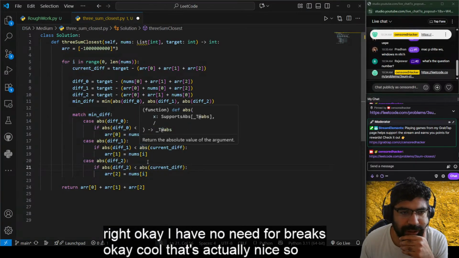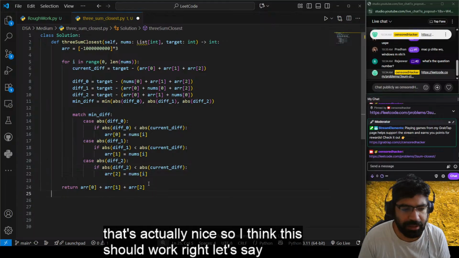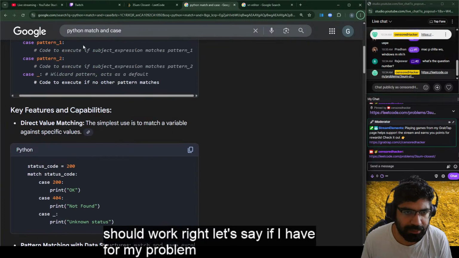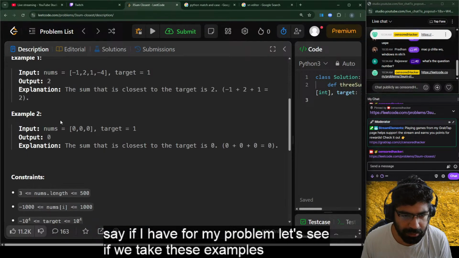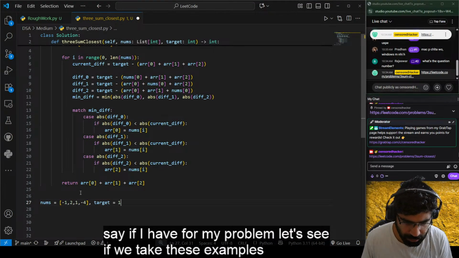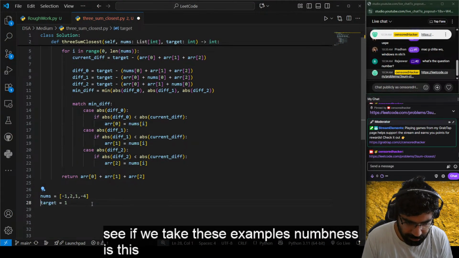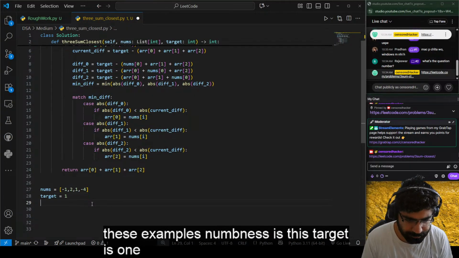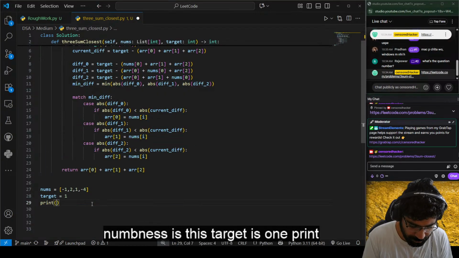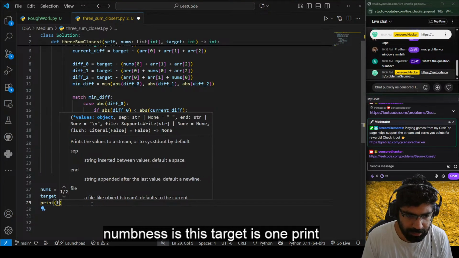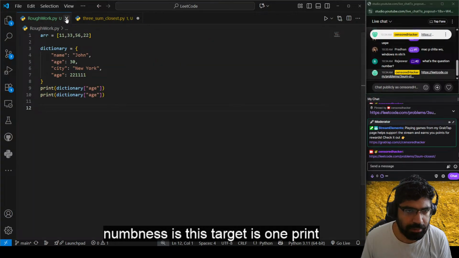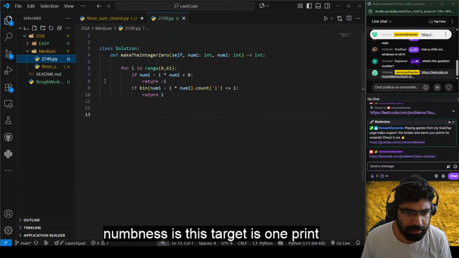So I think this should work, right? Let's say for my problem, let's see if we take these examples. Nums is this, target is 1, print, how do we write it?